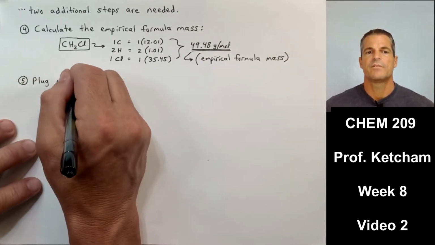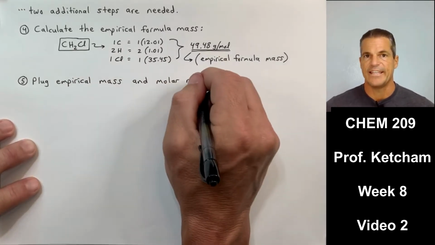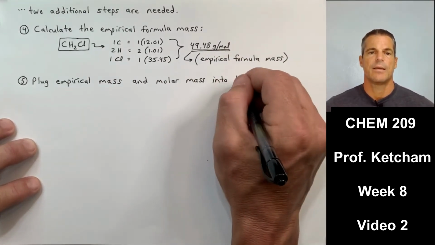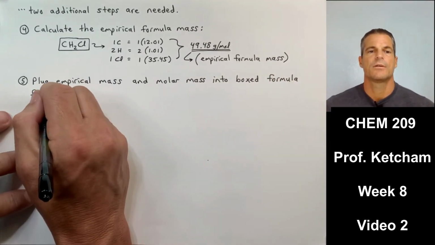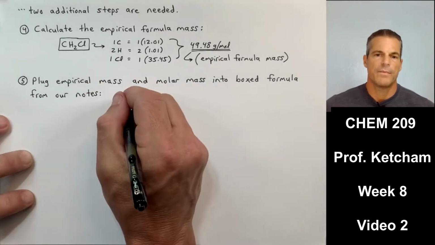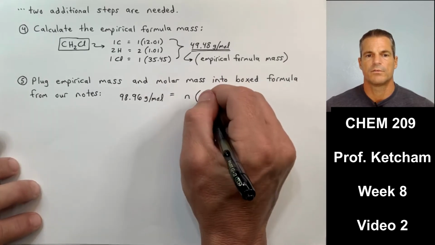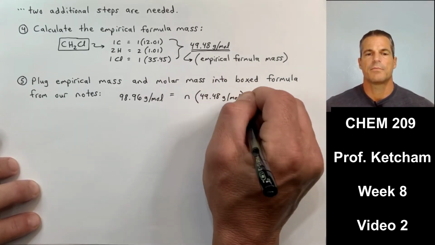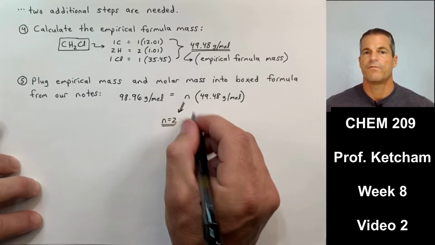We then use that boxed formula where we have molecular formula equals N, some integer, times parentheses empirical formula. Remember that box at the top of the last page? So we're going to plug the empirical mass and the molar mass into the boxed formula from our notes. 98.96 grams per mole, molar mass, equals N times 49.48.